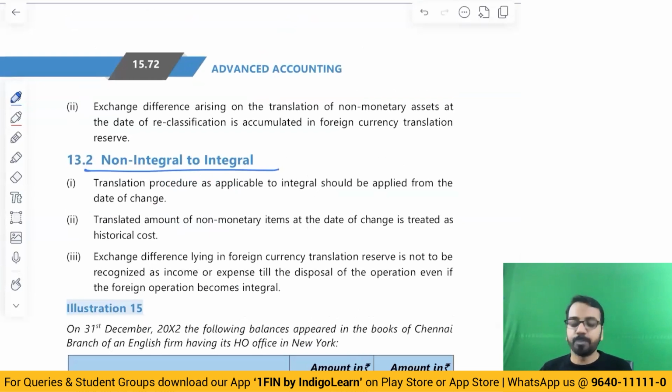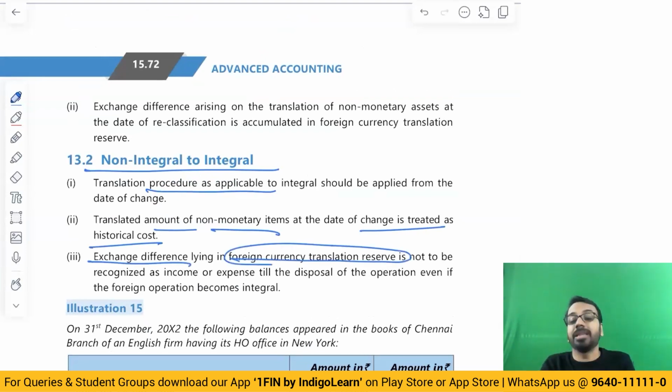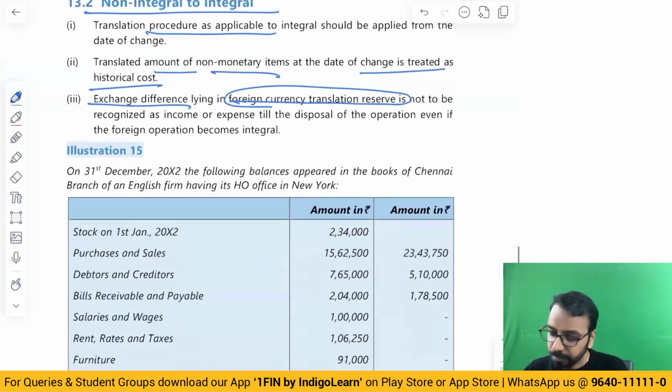If non-integral to integral, then from the date of change, you will change the translation procedure. The translated amount of non-monetary items is treated as historical cost. Basically, whatever was the amount of non-monetary items appearing in the balance sheet will now become our cost. And the exchange difference in the foreign currency translation reserve will remain there till the time you dispose. Once you dispose, it will be transferred to P&L. Okay.